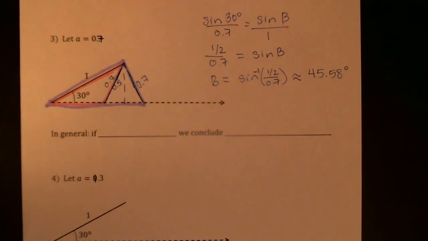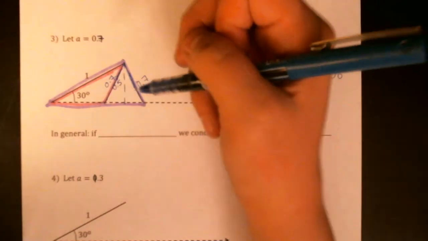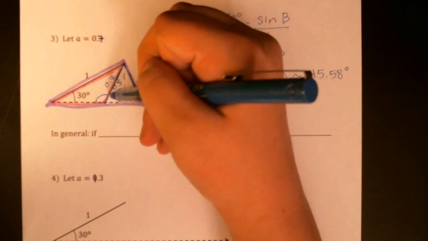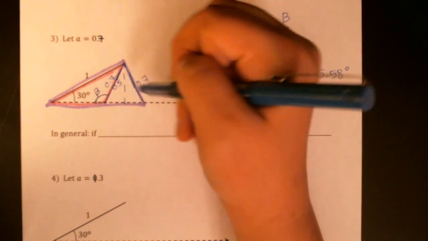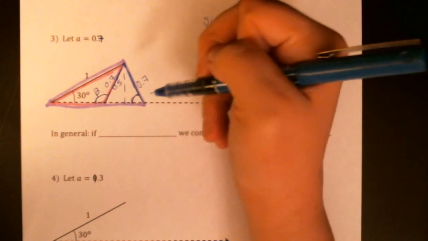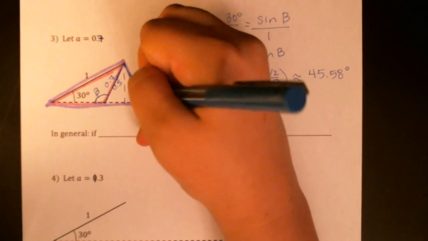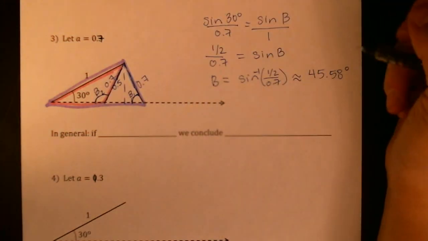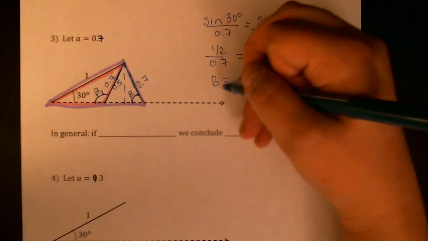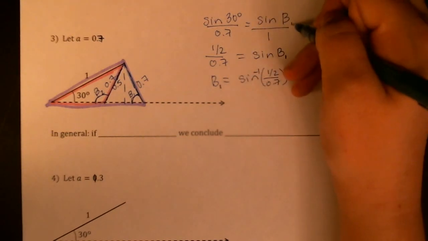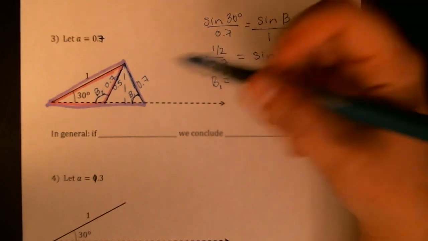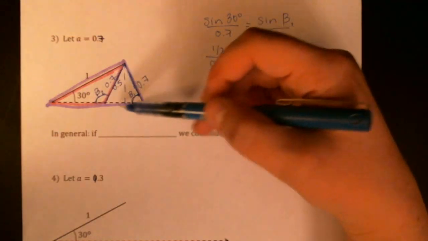Looking back at my picture, I have two triangles. The pink triangle, this would be angle B, and the purple triangle, this would be angle B. So we'll call this B1 and B2. And this has definitely given me B1. In fact, law of sines would always give you B1, this outer angle.